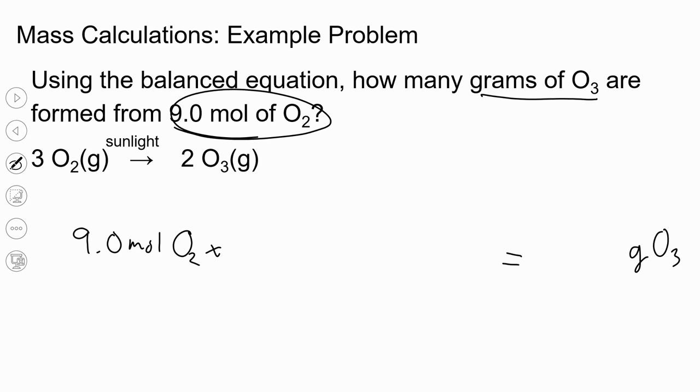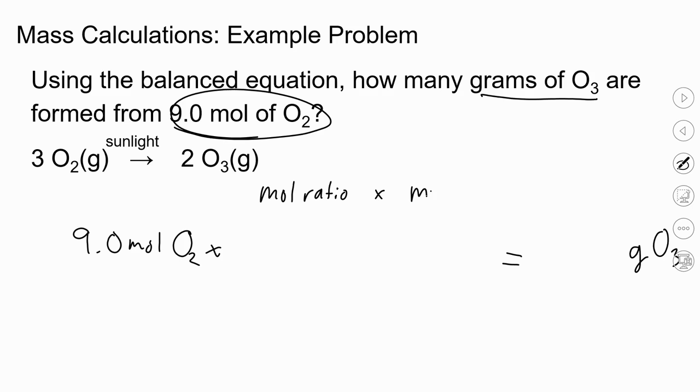Okay, so to get to grams of O3, first we need to use the mole ratio to convert O2 to moles of O3, and then we're going to use the molar mass, or the molecular weight, either of those mean the same thing, to figure out grams of O3.